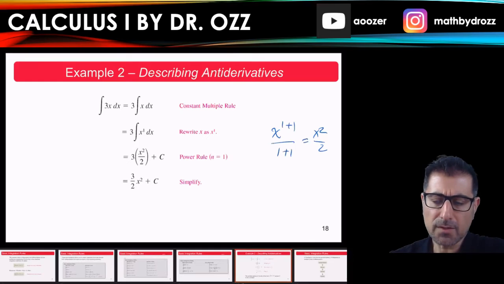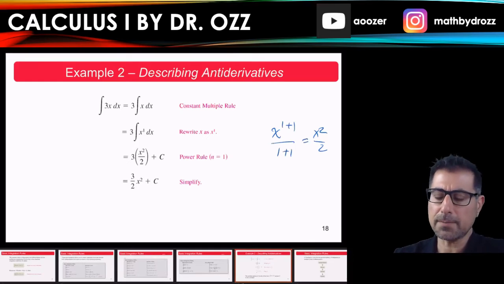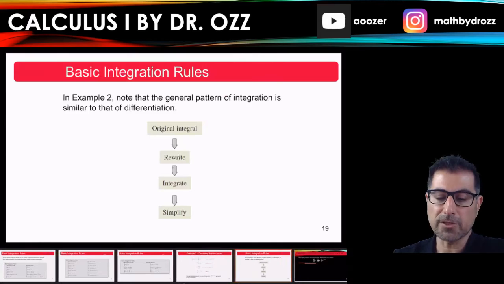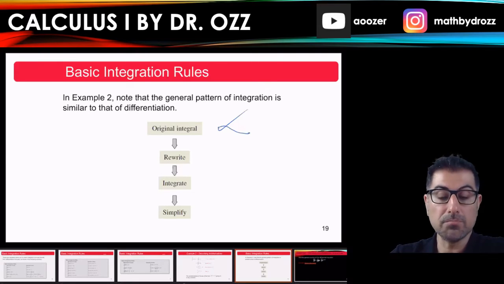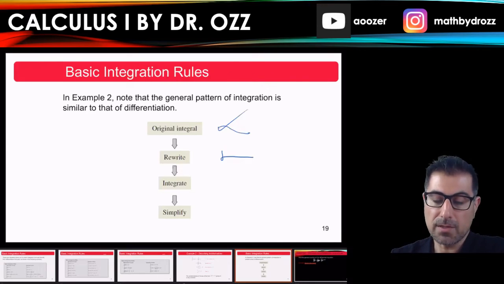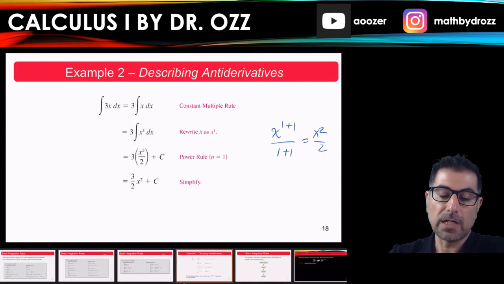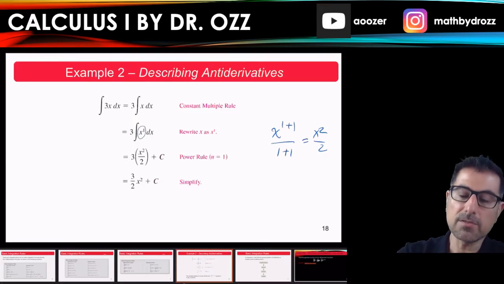All right? So this sort of process is pretty common, like we had even in the differentiation process. You write down the original integral, which is already provided to you. Then you rewrite it. In this case, we rewrote it because we used the constant multiple rule and we put 1 as the exponent.